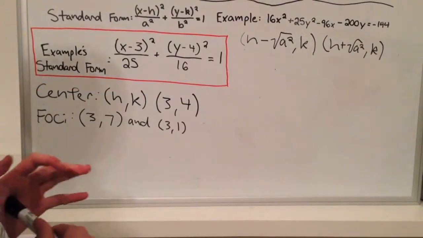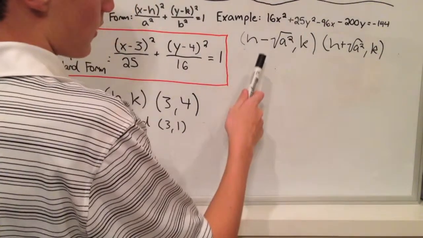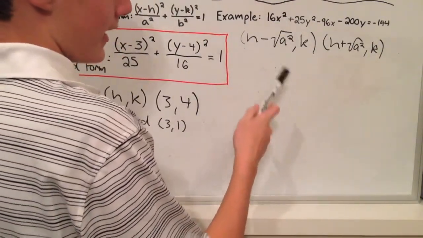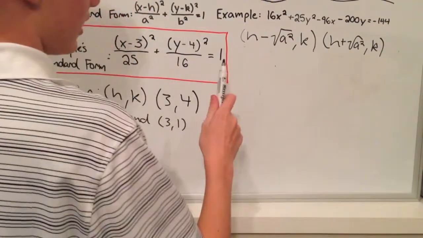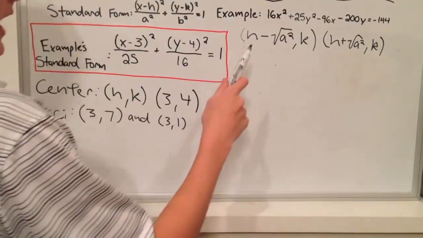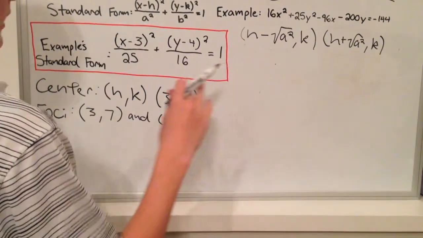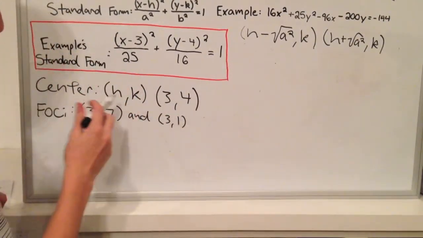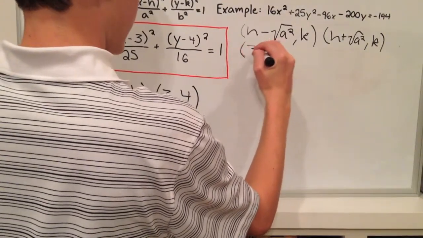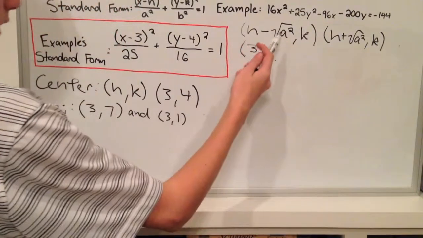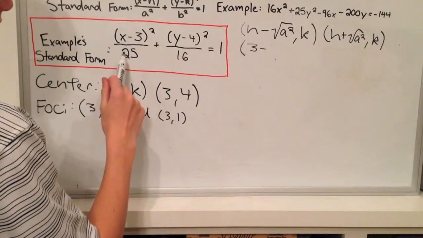Vertices, you use points h minus the square root of a squared, k and h plus the square root of a squared, k. Since we already know the values of h, a squared, and k, we can find the points. So we know that h is 3, so we get 3 minus the square root of a squared, which is the square root of 25.